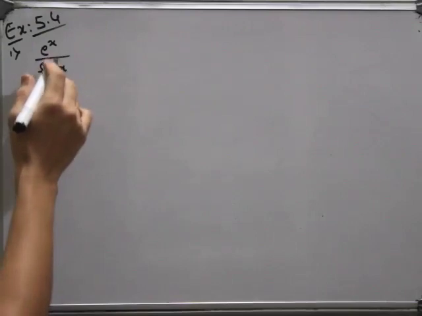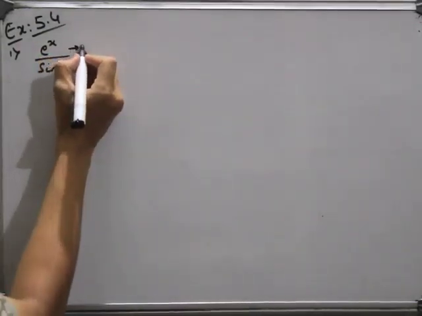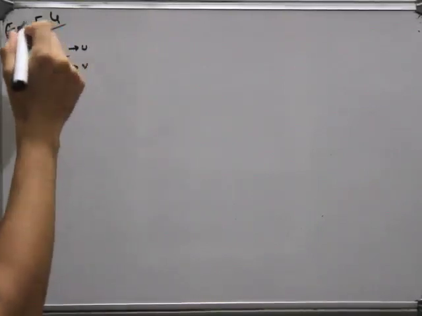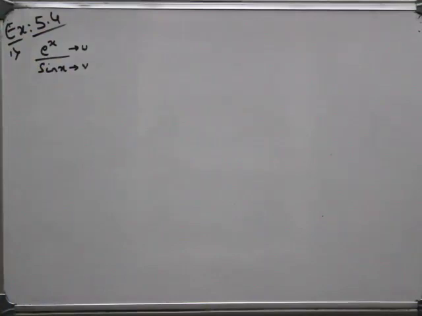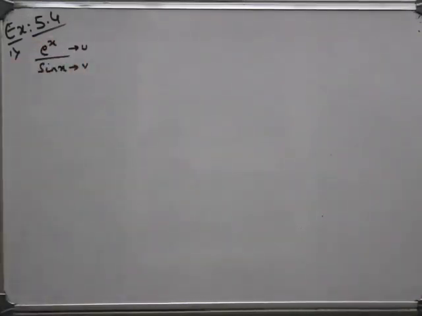You can easily make out from this question, e raised to x is u and sin x is v, and both are not composite functions, and both are not implicit functions also. They are defined as plain functions. There is no composite function or implicit function. So what you have to do? Without any hesitation you can use quotient rule to solve this.